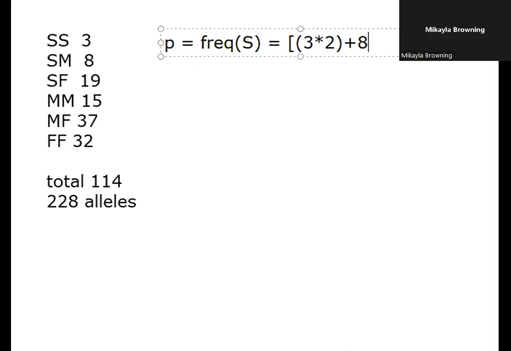And we have 8 individuals that are SM, and they have 1 of each allele, so 8 times 1. And we have 19 individuals that are SF.